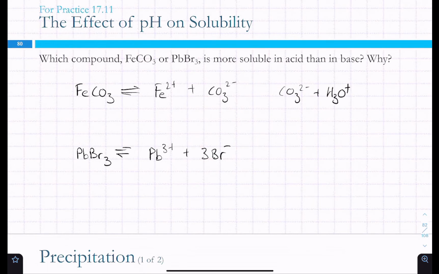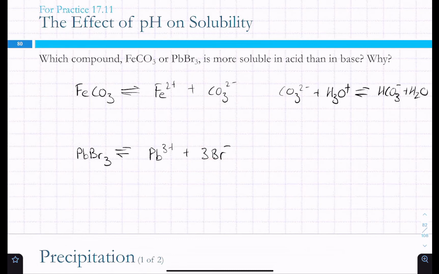Is it going to become more acidic? Less acidic. Yes. Is carbonate going to pick up hydrogens? So if it's picking up hydrogens, we get HCO3- plus H2O. So it's decreasing.